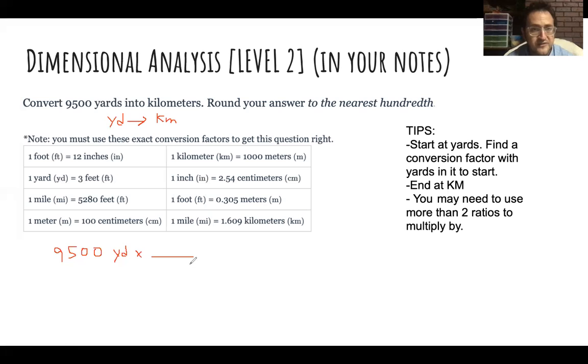So I want something with yards in it. And I'm going to look at my table. And the only thing that has yards in it is the yards to feet. So I'm going to choose yards to feet.